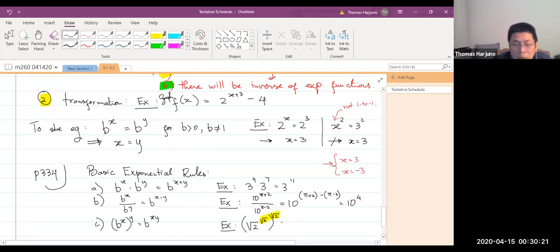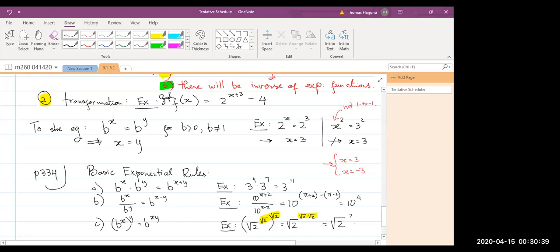That will be square root of 2 to the power of square root of 2 times square root of 2, which will be square root of 2 to the power of 2, which is 2. Okay.